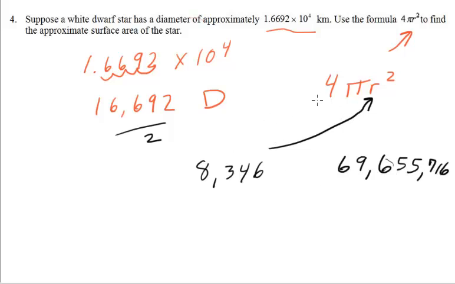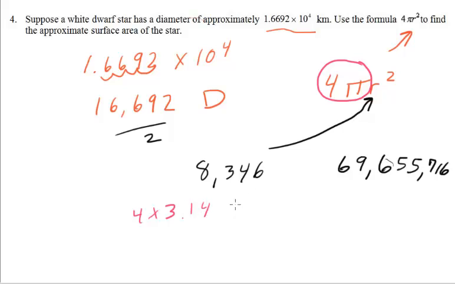So now I have to multiply. I got to multiply 4 times pi. Well, that's 4 times 3.14, and it's approximating.